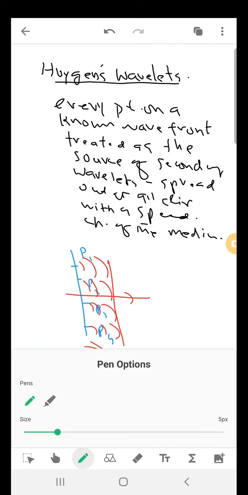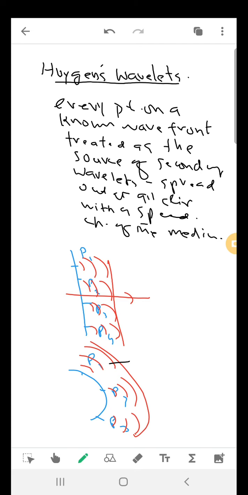These are the secondary wavelets, this one and this one, and this is the envelope.